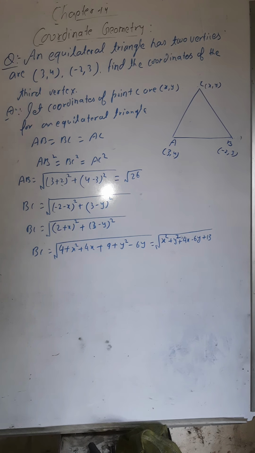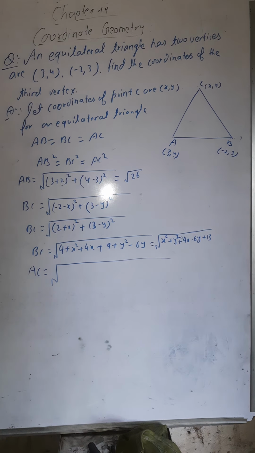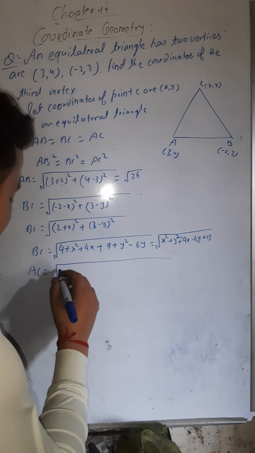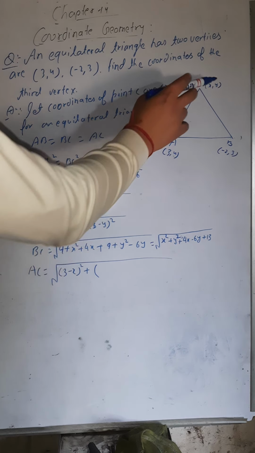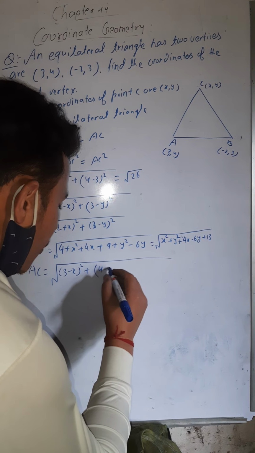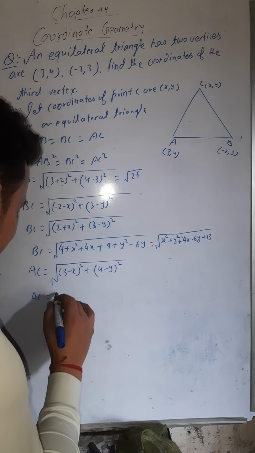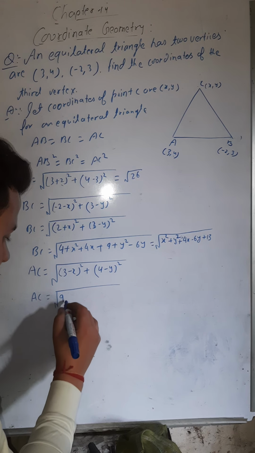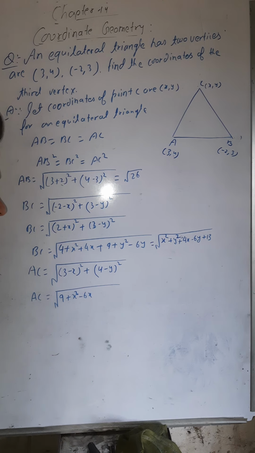Now I am going to find out the value of the third side, that is AC. Can you tell me the value of AC? Yes. AC: x2 minus x1 means 3 minus x whole square plus y2 minus y1, 4 minus y whole square. So from here you can find out the value of AC as under root a square plus b square minus 2ab.